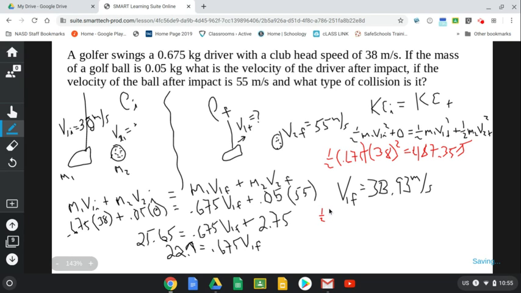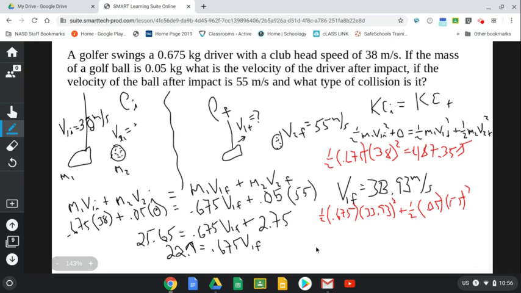I'll come down here and do the final kinetic energy. 1/2 times 0.675 times 33.93 squared plus 1/2 times 0.05 times 55 squared. Sorry, my handwriting is getting a little sloppy there.